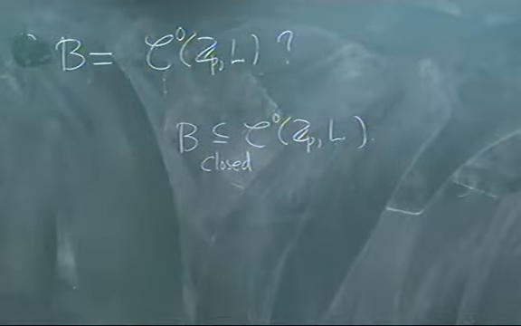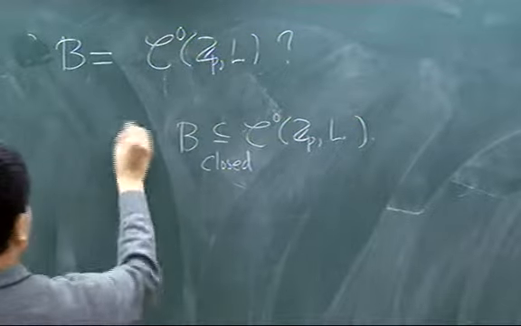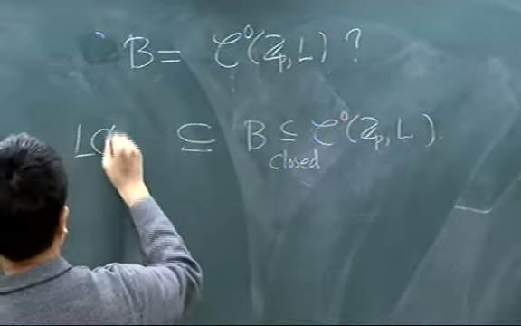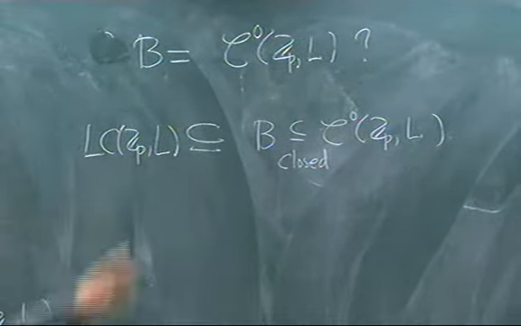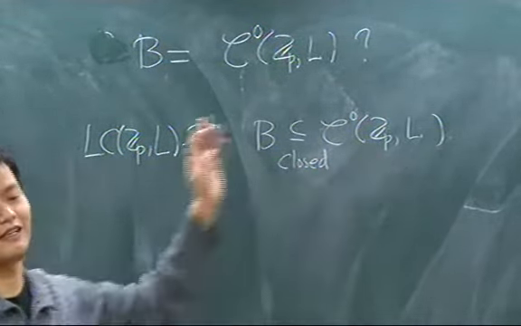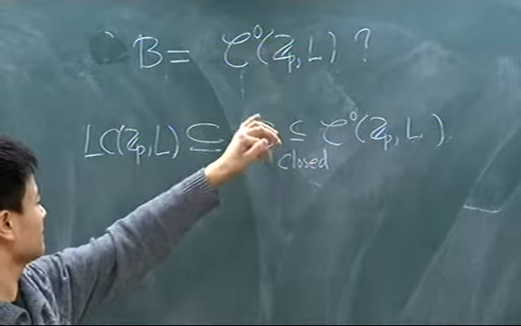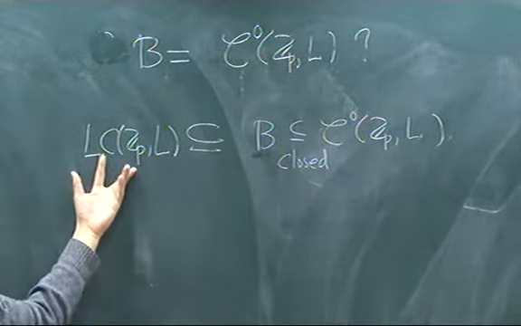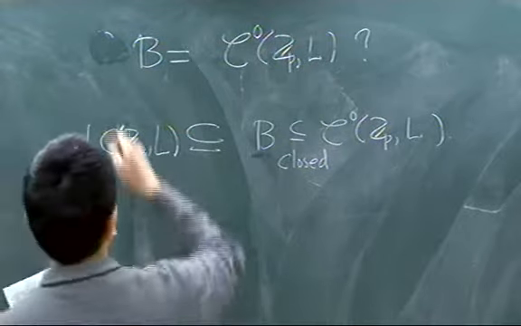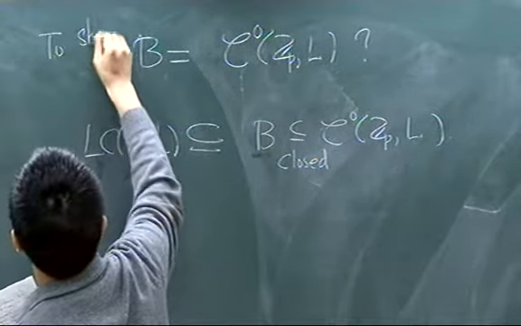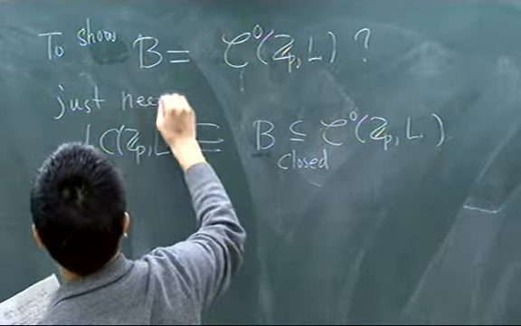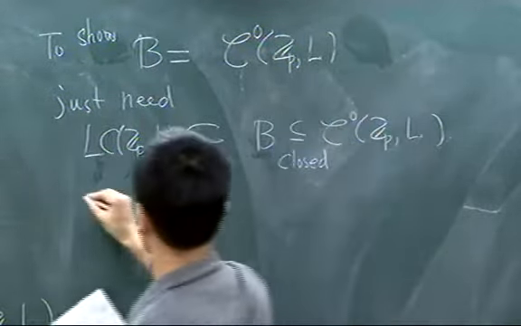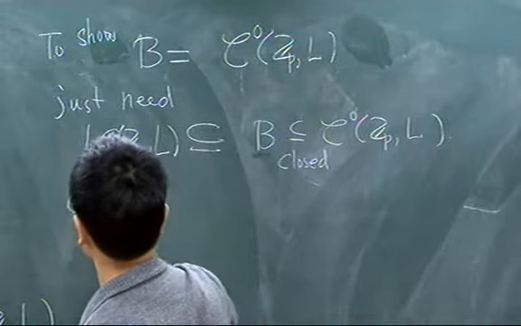So what do we need to do? If we know this, then we are done, because this is dense inside here. So we just need to know that B contains this. To prove this, we just need.